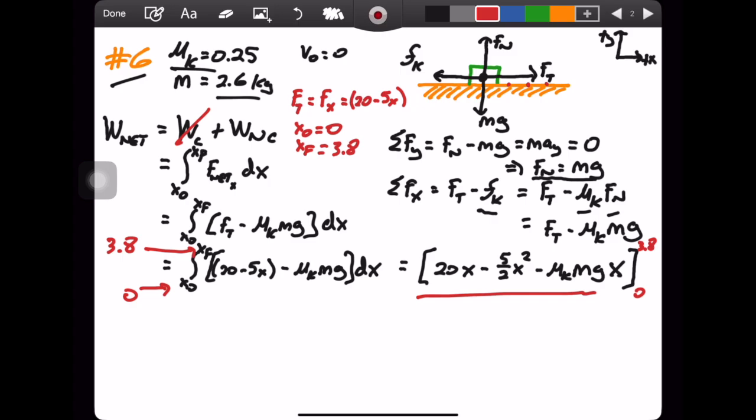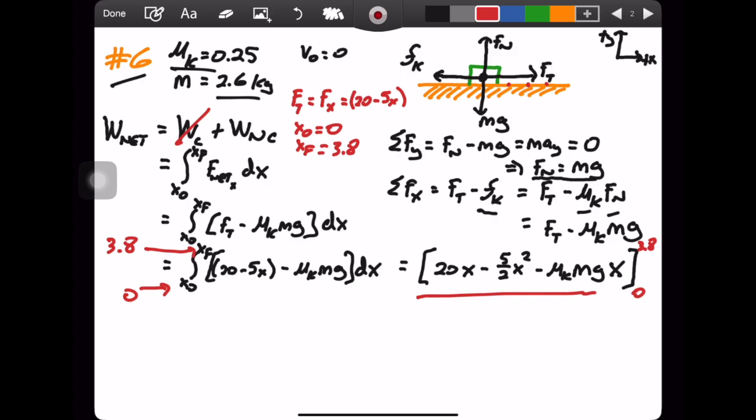And that's all, because for the 0 part, if you were to subtract when you put zeros in, well, 20 times 0 is 0, 5 halves 0 squared is 0, and mu k mg 0 is 0. So you just plug in 3.8 for x. So that is going to be the net work that is done when you take into account the rope pulling to the right, but kinetic friction countering the motion to the left. That's the net work that's being done.